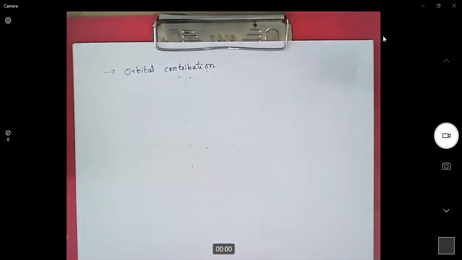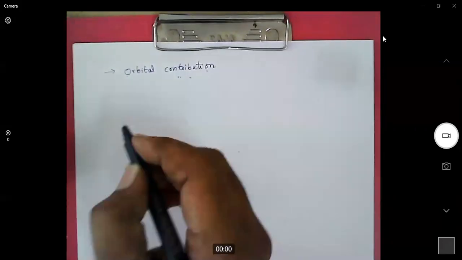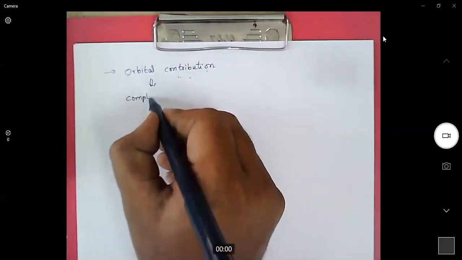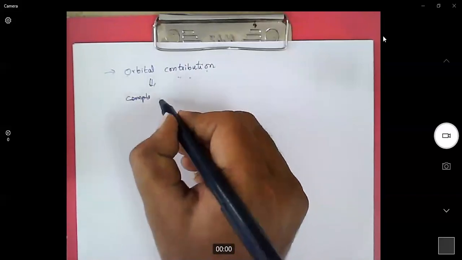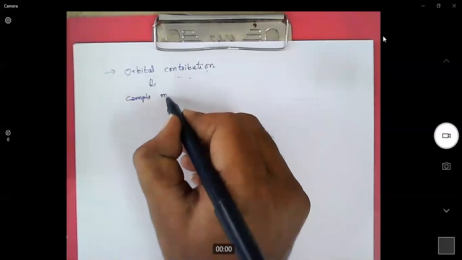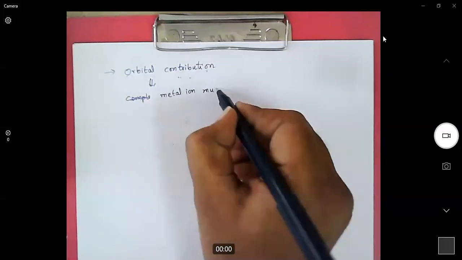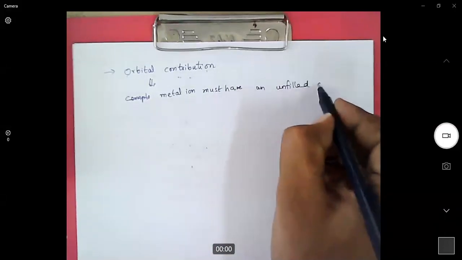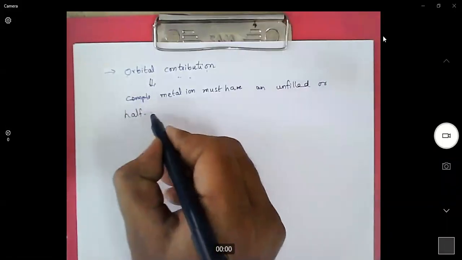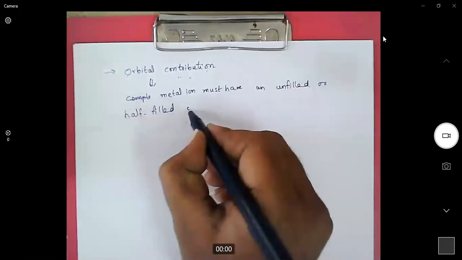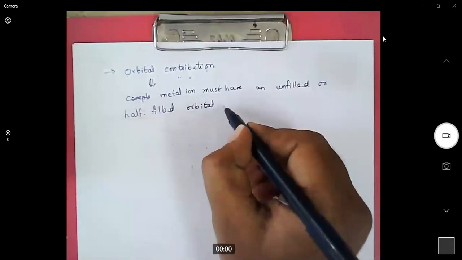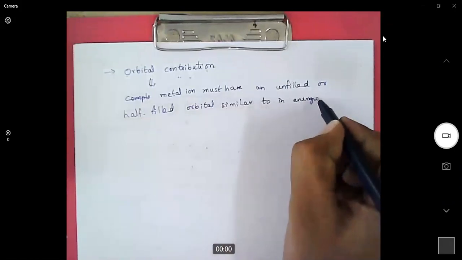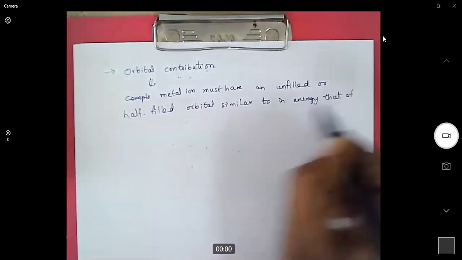So, for a complex to have an orbital contribution, the metal ion must have an unfilled or half filled orbital similar in energy to that of occupied orbitals.